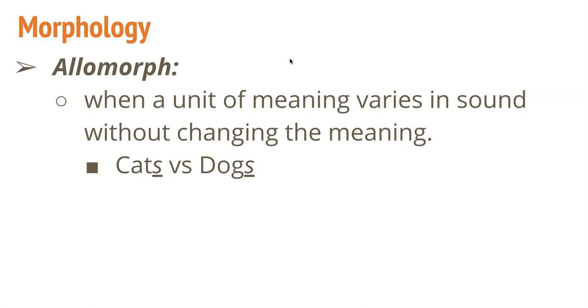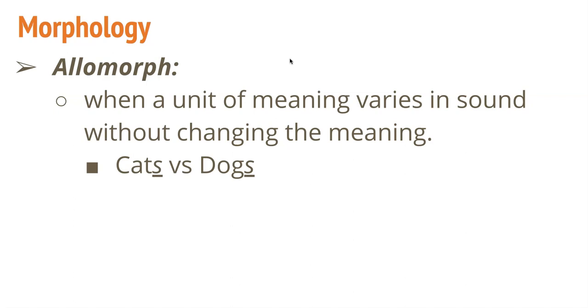The last term here helps us see the connection a little bit between morphology and phonology: an allomorph, when a unit of meaning varies in sound without changing the meaning. So that plural s in cats versus dogs, right? Because cat ends in an unvoiced sound, the plural s is pronounced s, the phoneme s.